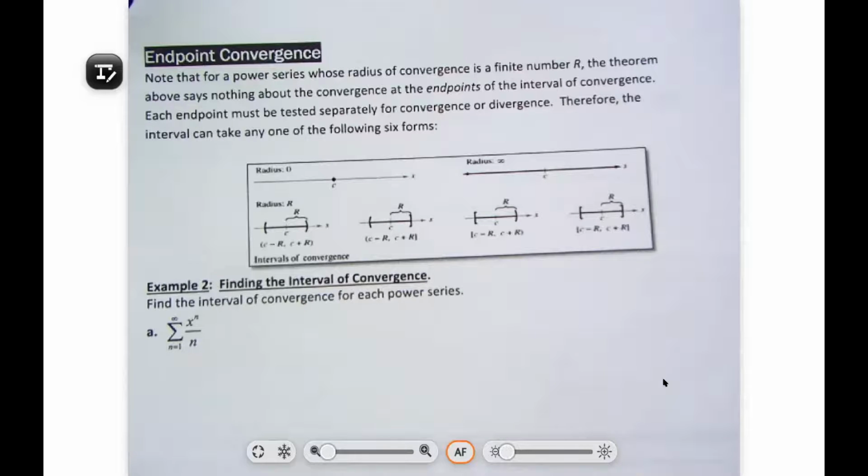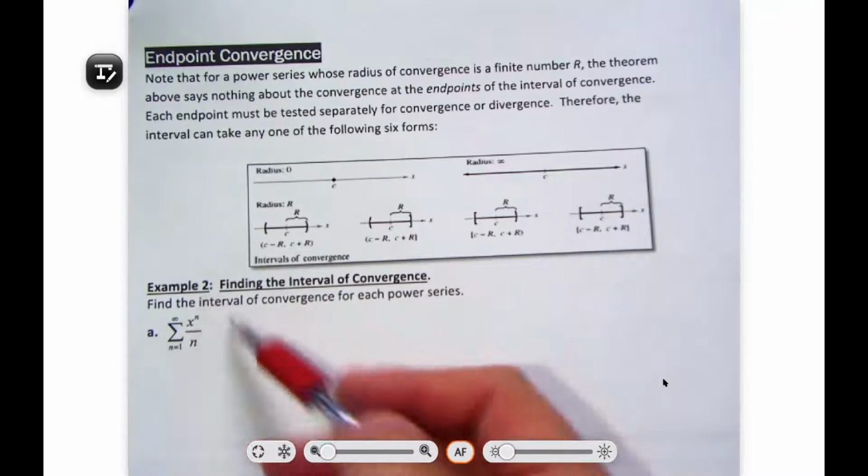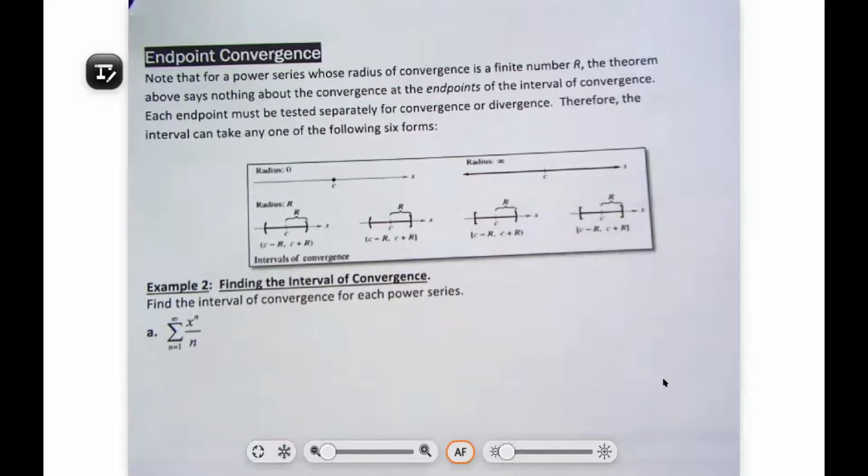So we're now trying to figure out for what values of x these series converge. What we need to do on this one is the same exact process we just did on the previous 3 examples, but now when we get to that inequality at the end, we have to solve it to find the interval. But not only that, the ratio test is inconclusive when the limit equals 1, like at the endpoints.